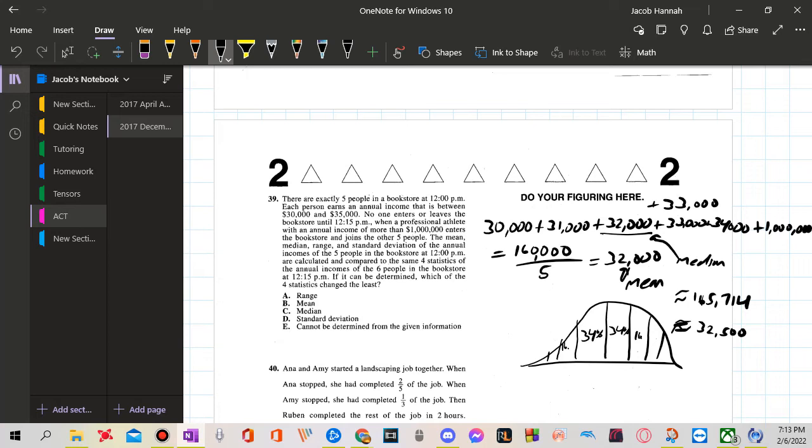So 1 million minus 30,000 is going to be 970,000. So that's a lot different from 30,000 to 34,000. So that's the answer, A. Oh, well, it's saying what changes the least, actually, so it's going to be C, the median.